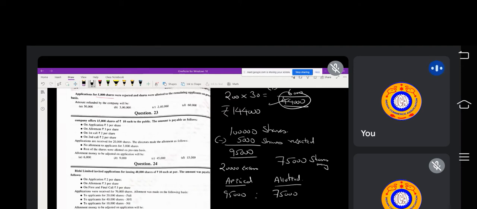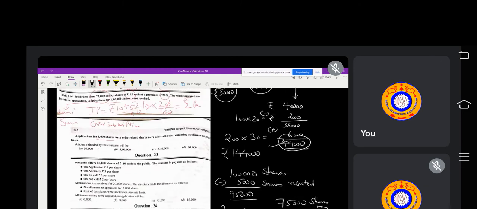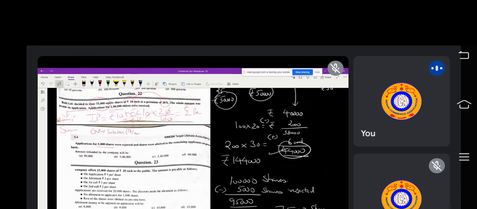What is the question that they have asked? Amount refunded by the company will be. It's a very simple question whereby we are rejecting 5,000 shares. So how much is your application money? It is the entire face value, that means 10 rupees the face value, and the premium 2 rupees is also added along with your application cost itself, because it's a lump sum method.